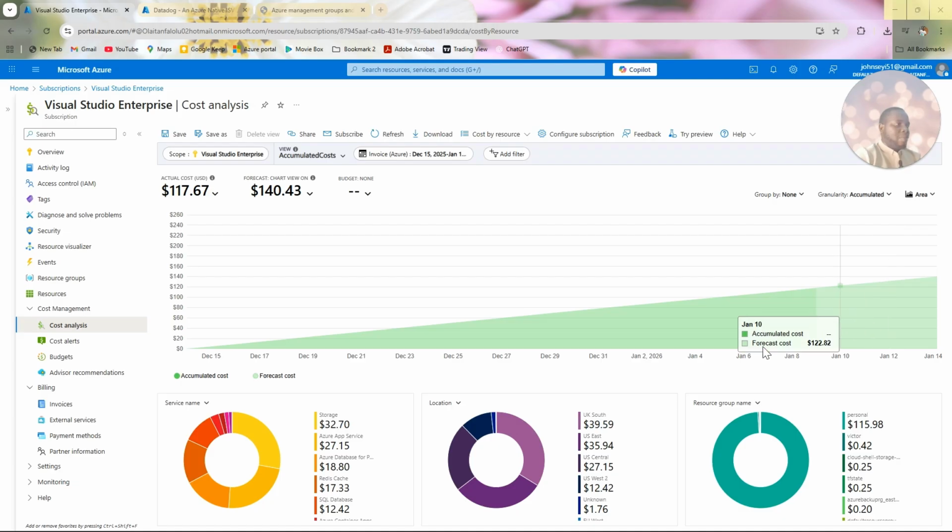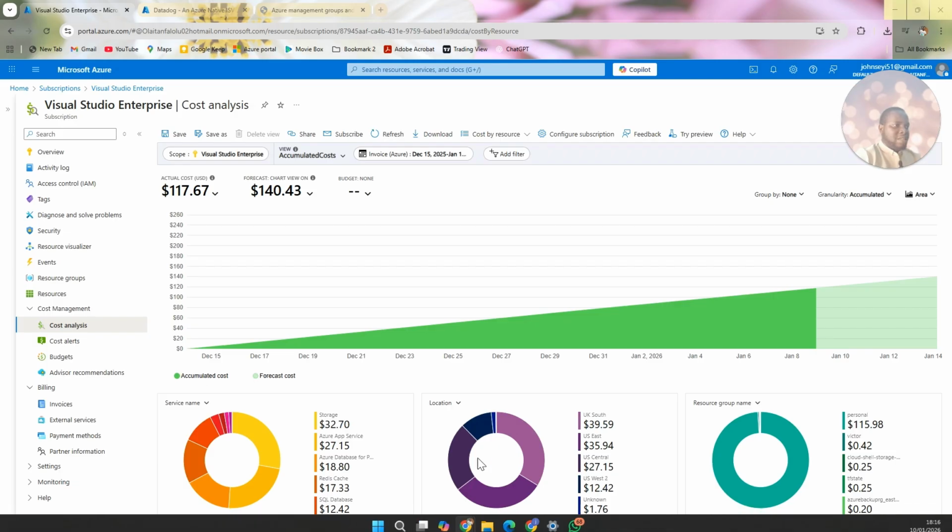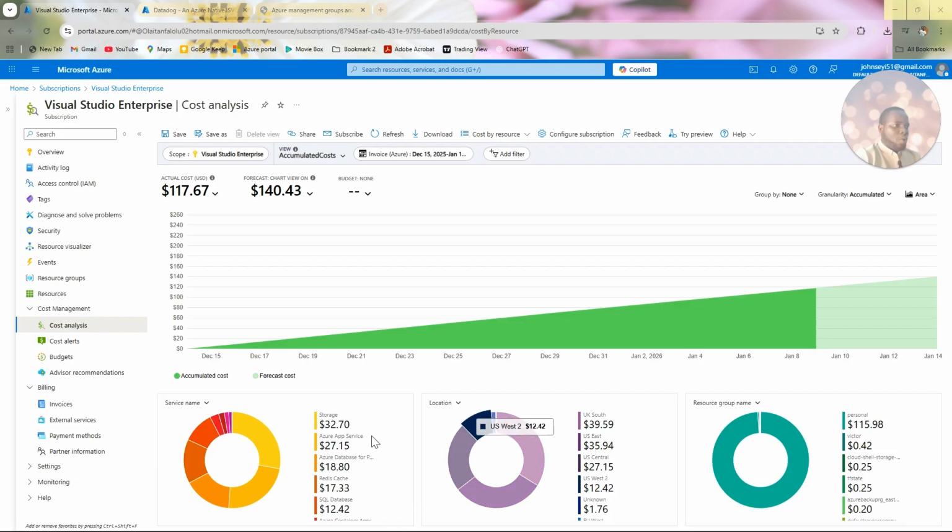So when I can see my present spending and my forecast, I can now say, okay, I don't want my spending to get to this amount. I can now make the right decisions looking at my cost analysis. What resources are consuming more cost?